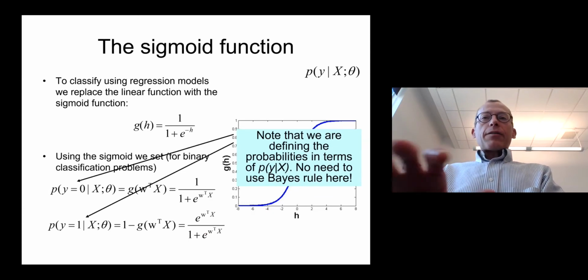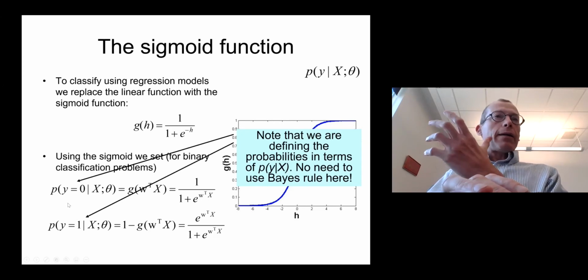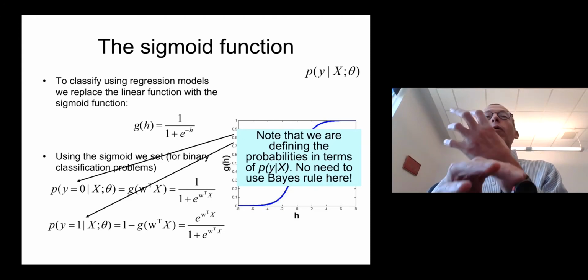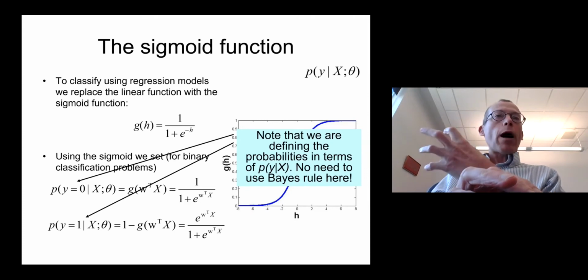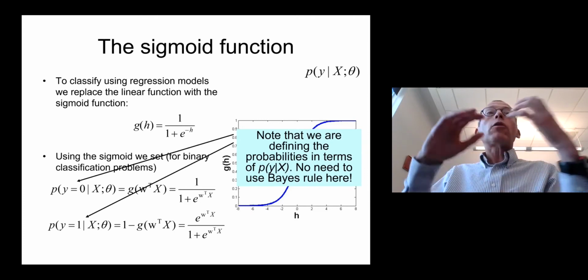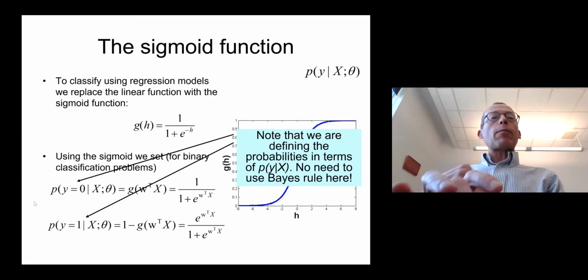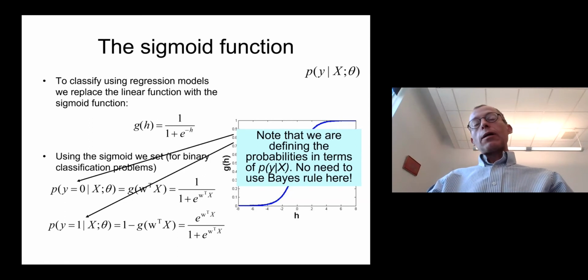Okay, another thing we said in the beginning, but now you can see, is that we don't really know how to do X given Y in this model. We don't even define a distribution for X in class 1 and a distribution for X in class 2. We don't know how to compute it. We don't, unlike, for example, in naive Bayes. The only thing we care about is the probability of Y given X. We don't know how to do the other side.